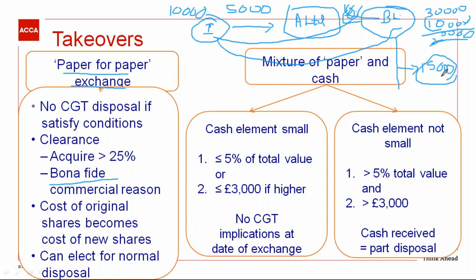You don't have to worry too much about this, because your original cost of 10,000, which you spent to buy 5,000 shares in A Limited, now becomes the cost of these 15,000 shares. So the original cost that you incurred to buy shares in A Limited also becomes the cost of the shares that you have now got in B Limited.